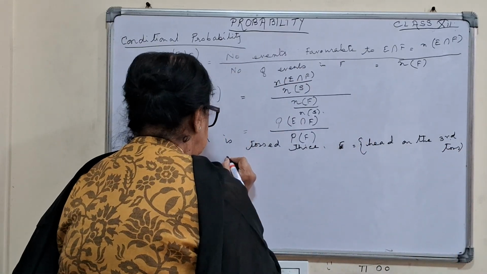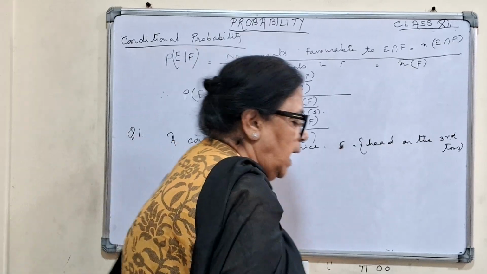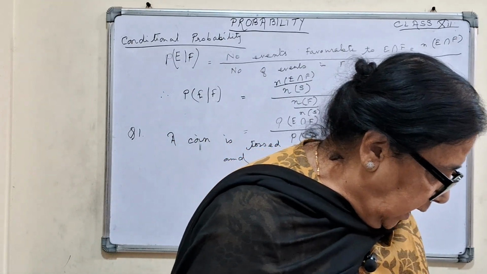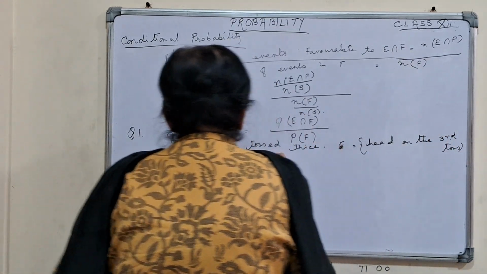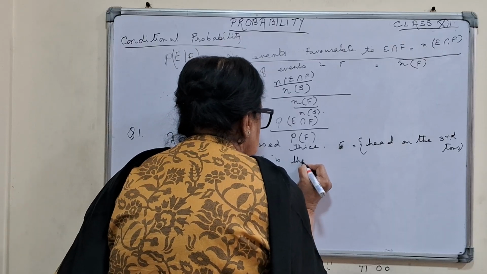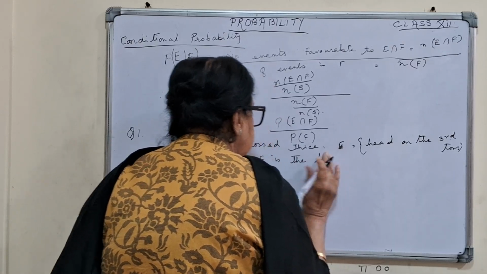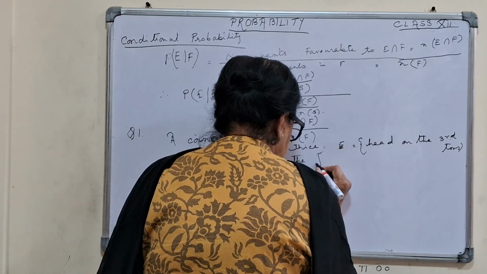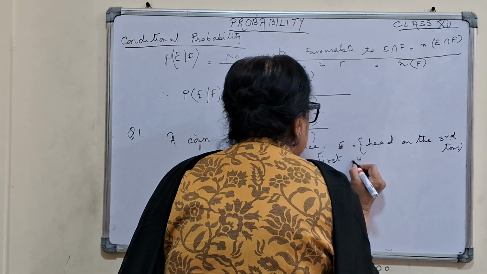And F is the head on the first 2 tosses.